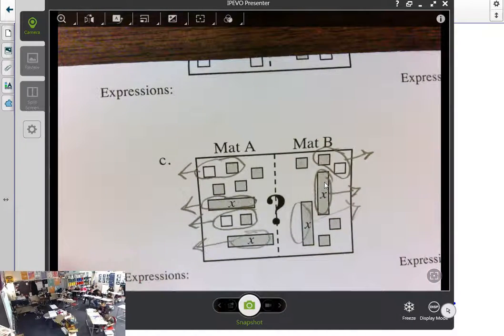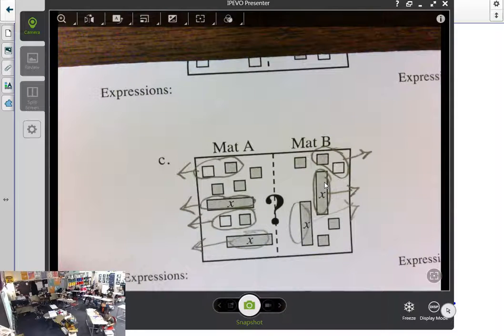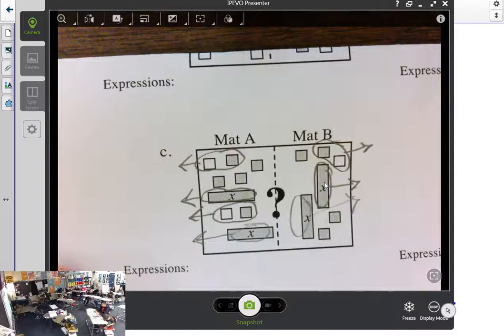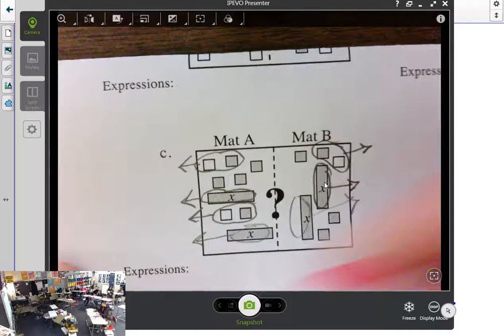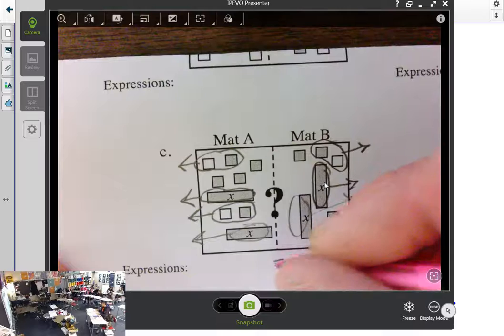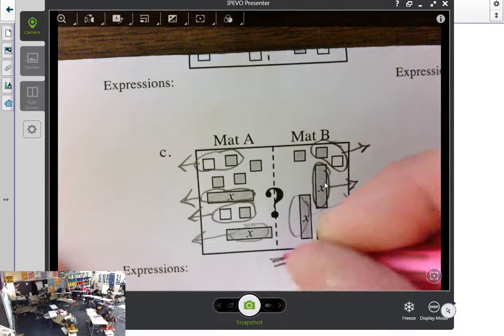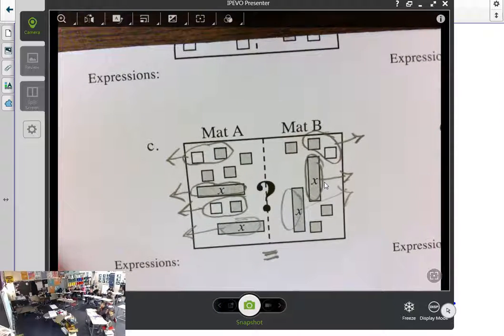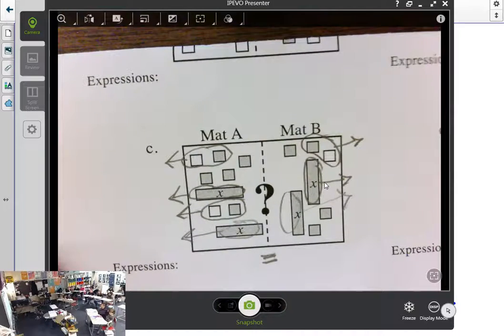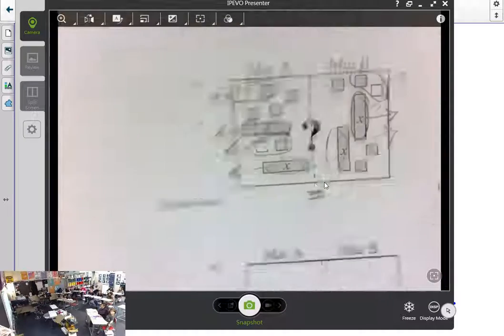What do we end up with, Patrick? 3 and 3. What's that tell me about my expressions? Monica? They are equal. So those two expressions would end up equal. We're going to skip over D just so we're running out of time.